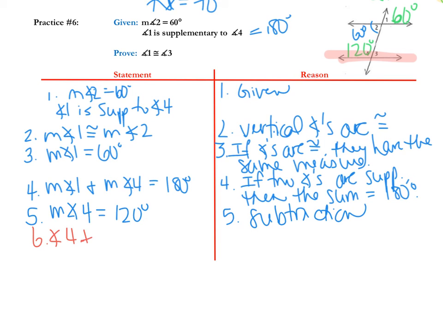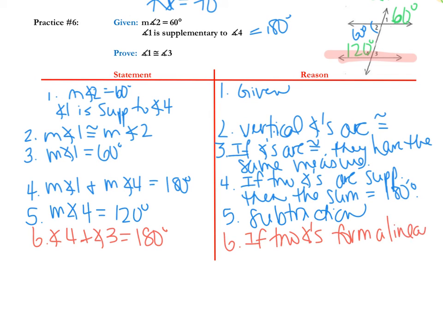And by the way, again, I think I said this in the last video, you can assume linear pairs. So if two angles form a linear pair, they are adjacent and supplementary.